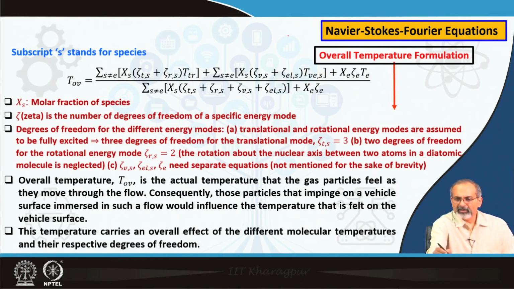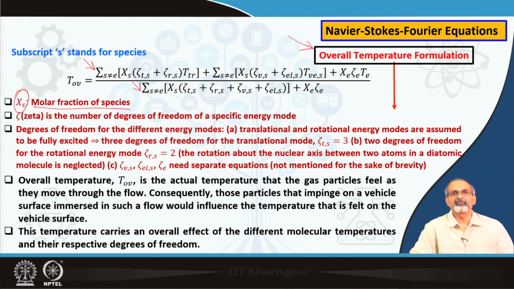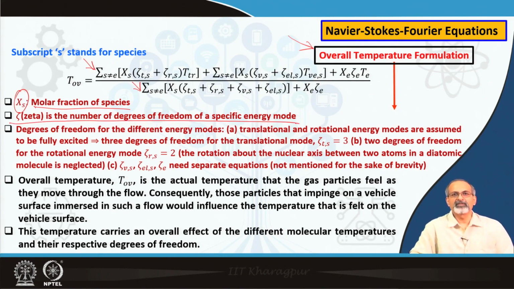Finally, the overall temperature formulation, let us see what it is about. It contains terms like Xs, which is the molar fraction of the different species. Remember that it is actually a sum divided by another sum. The zeta terms indicate the number of degrees of freedom of a specific energy mode. Let us see what the degrees of freedom for the different energy modes turn out to be.